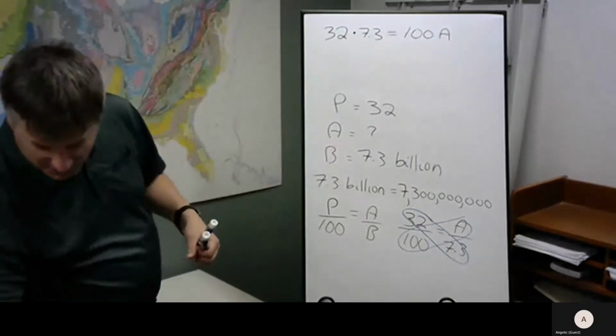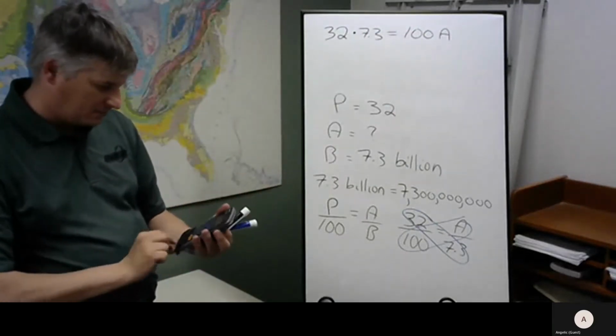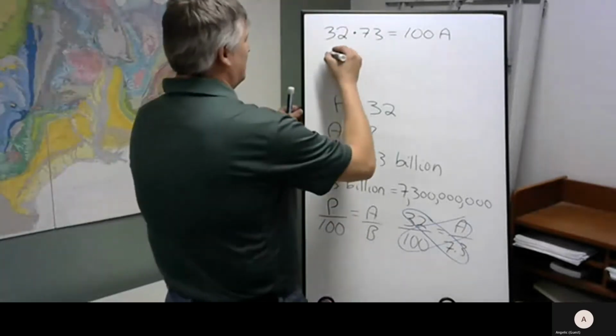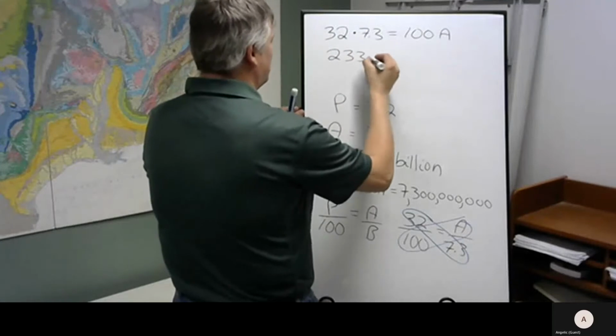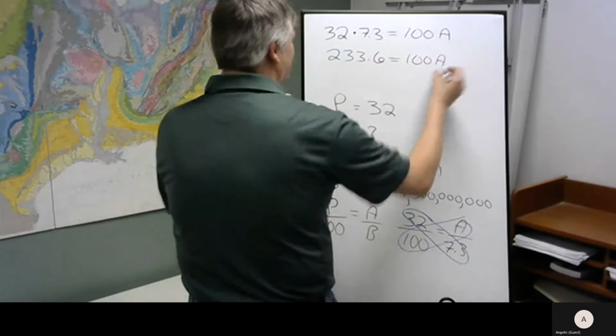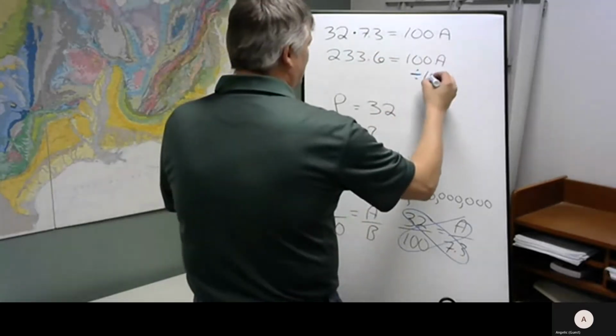So let's see, 32 times 7.3 is 233.6. It's equal to 100 times the amount. Divide both sides by 100.